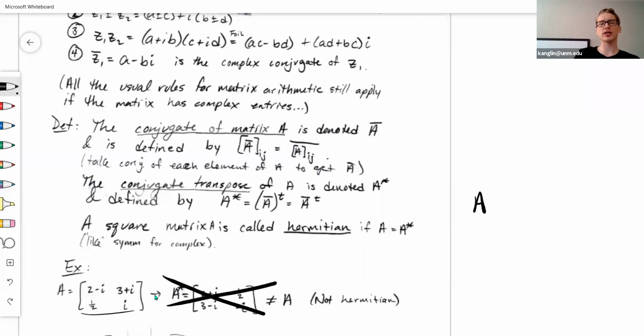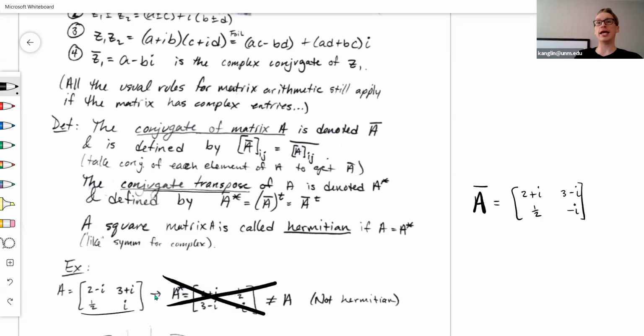If A is this matrix, and I want the conjugate transpose, I would first take a conjugate. So I switch all the signs on every imaginary part. Real parts don't get affected. So that half just stays as a half, but all the i's get switched to negative i's.